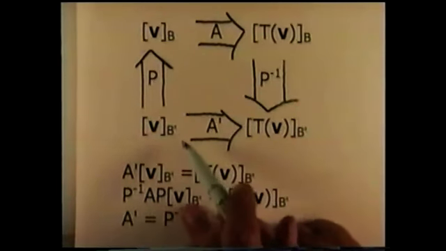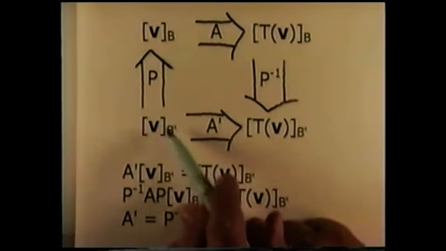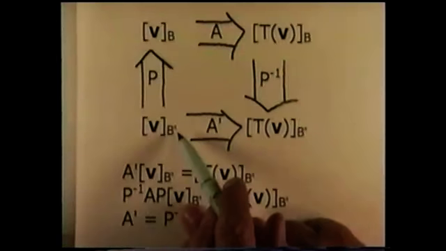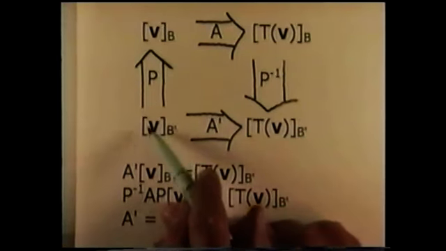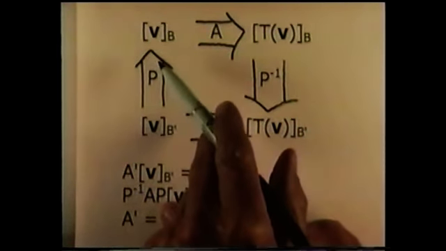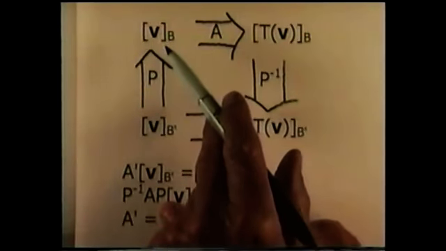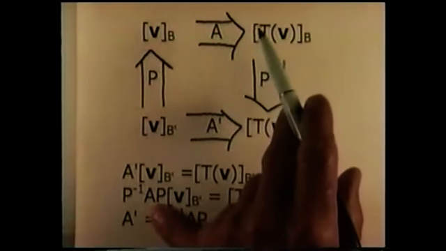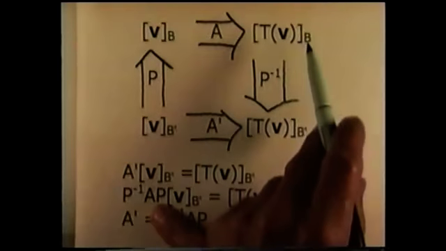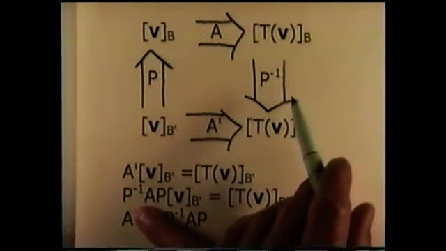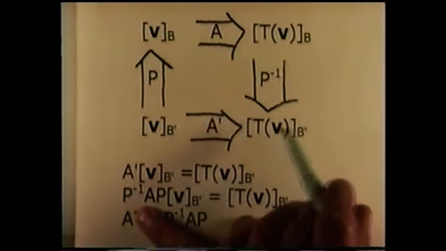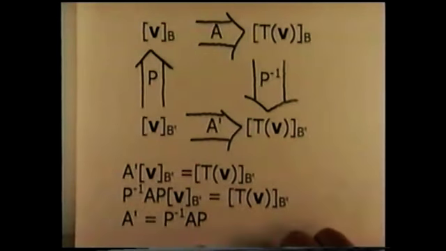So we start with V with respect to B prime, multiply by P, that gets me to V with respect to B, multiply by A, that gets me to T of V with respect to B, multiply by P inverse, that gets me to T of V with respect to B prime.